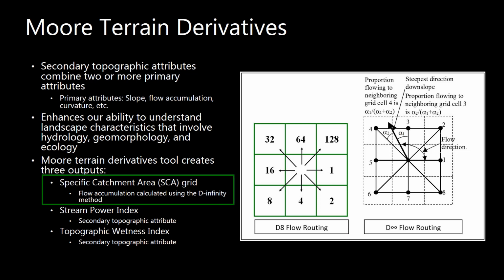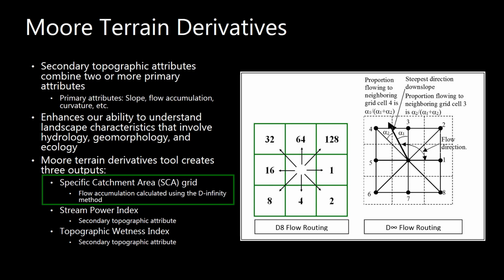The Moore Terrain Derivatives tool spits out one primary attribute, and that's a specific catchment area, which is calculated using the D-infinity method. Unlike the D8 flow direction method, the D-infinity is a more advanced flow routing algorithm.